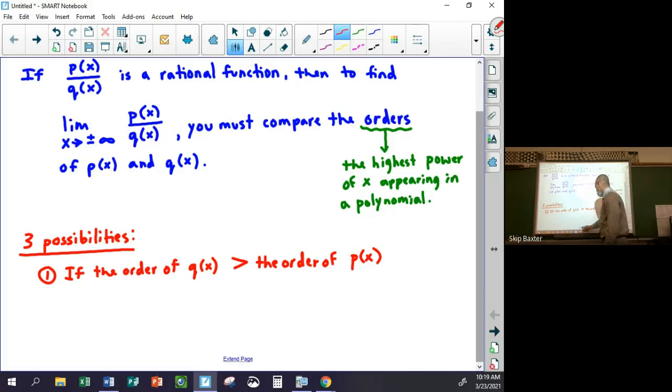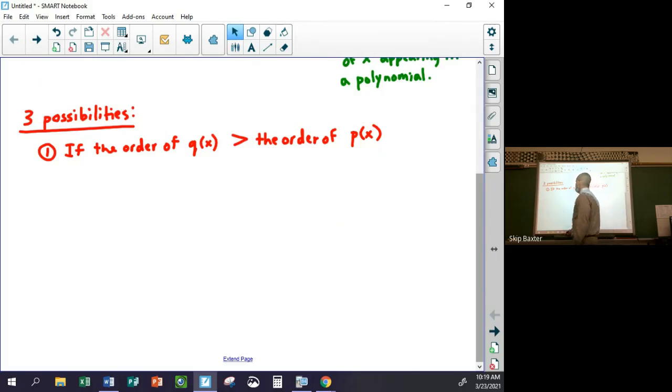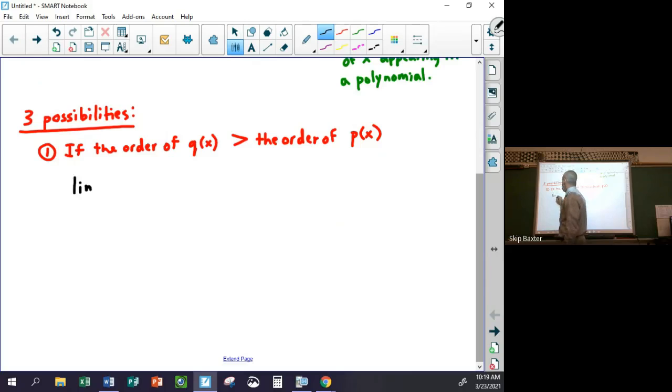So for example, maybe you have something like the limit as x goes to positive infinity of x minus 2 over x squared plus 5.